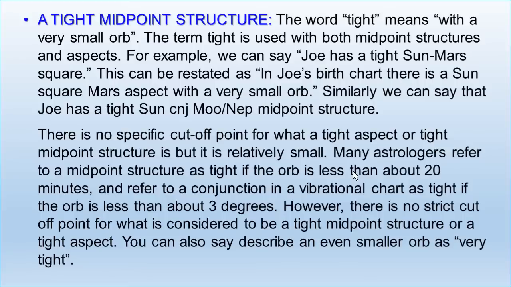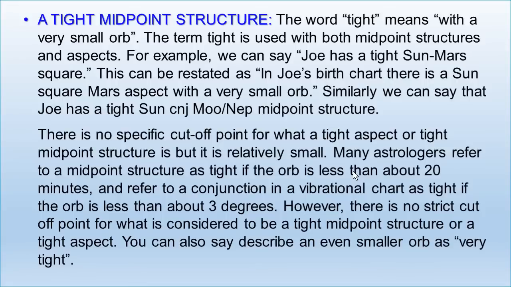That's a lot longer and more convoluted than just saying Joe has a tight Sun-Mars square. When we say Joe has, that means the natal chart. It's implied. Tight means with a very small orb. So that's what tight means.